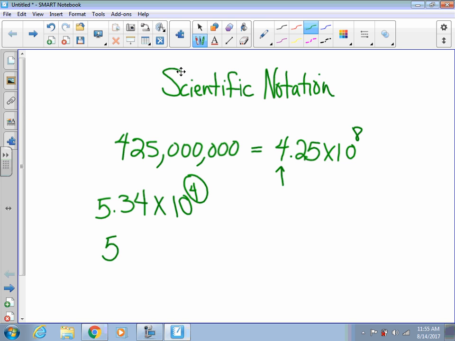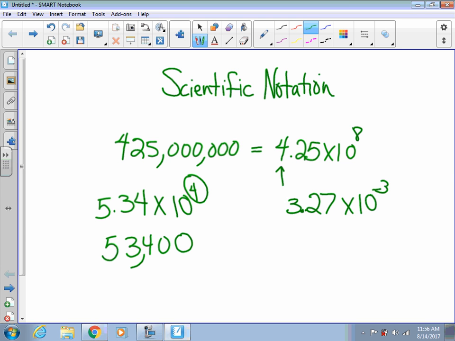So it's going to go 1, 2, 3, 4. 53,400. Which, if you were to multiply 5.34 times 10,000, which is 10 to the 4th, you get 53,400.